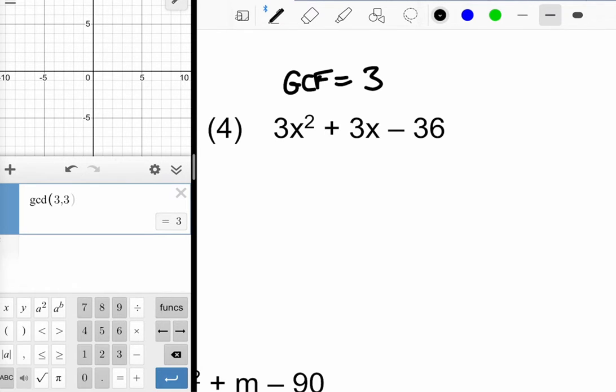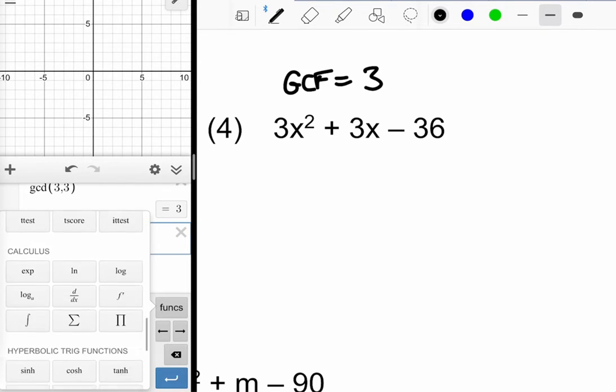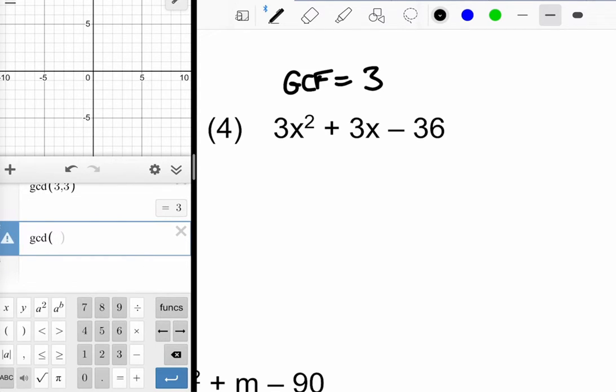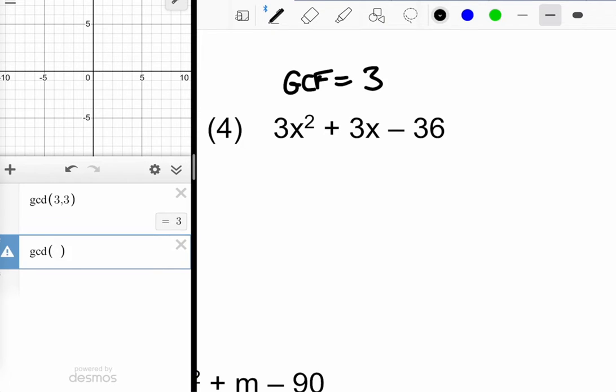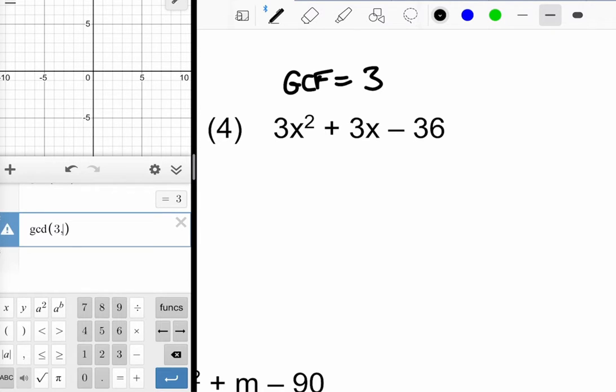But then you get a result of 3, take that answer and compare it to the remaining value. So you do the GCD again with this answer of 3, that 3 goes in there, and then the 36. And you see that the GCD among the 3 values is equal to 3.